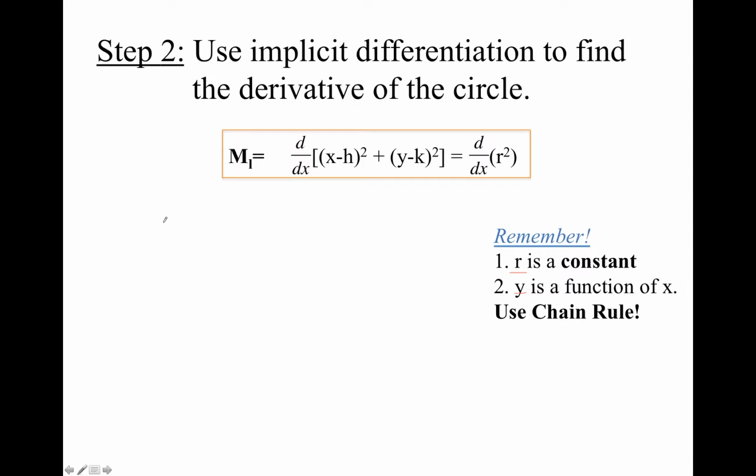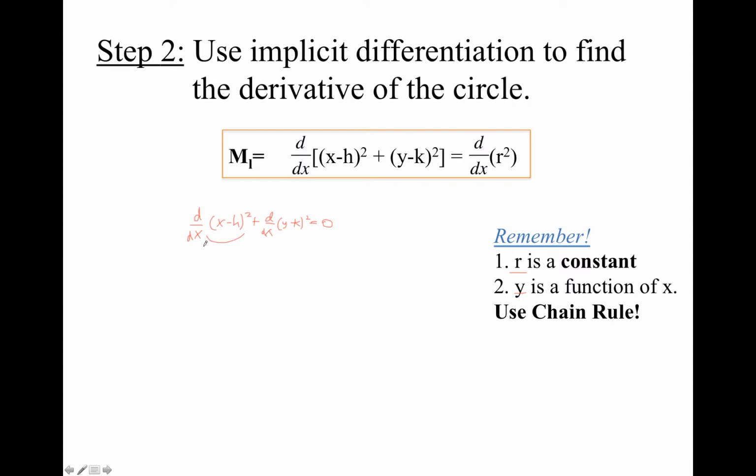So if we go ahead, the first thing we can do is distribute d over dx between these two terms on the left. So we will have d/dx of (x minus h) squared plus d/dx of (y minus k) squared equal to 0. As we said, the derivative of r is just 0.